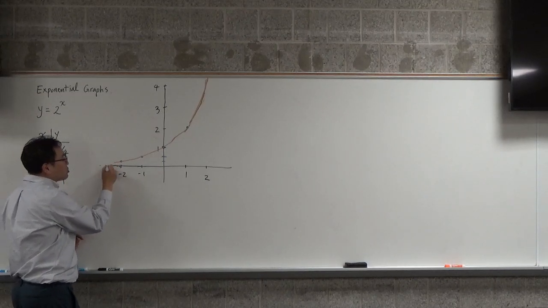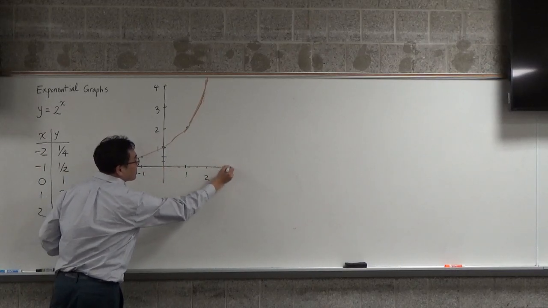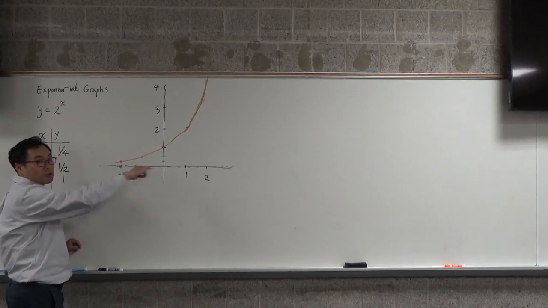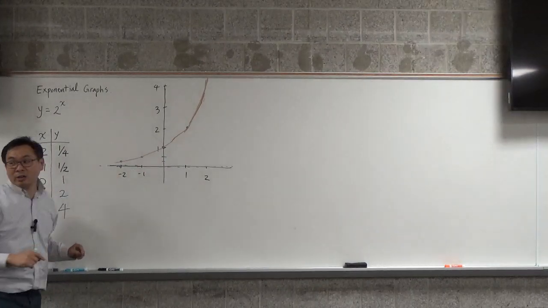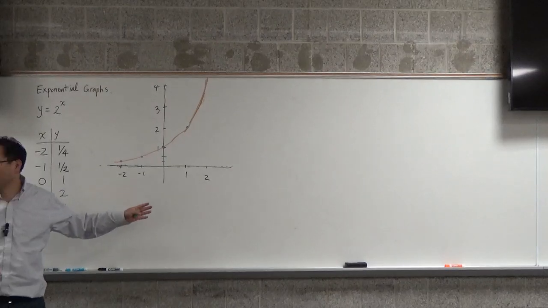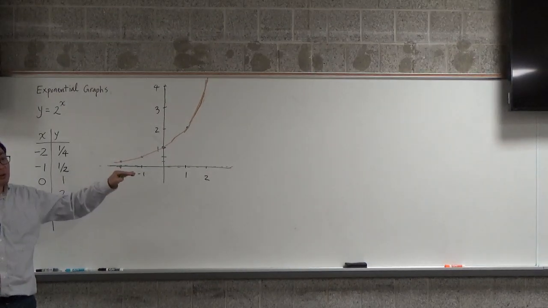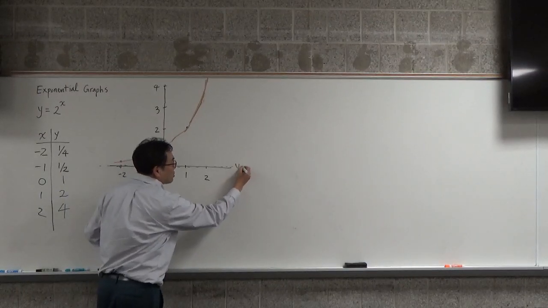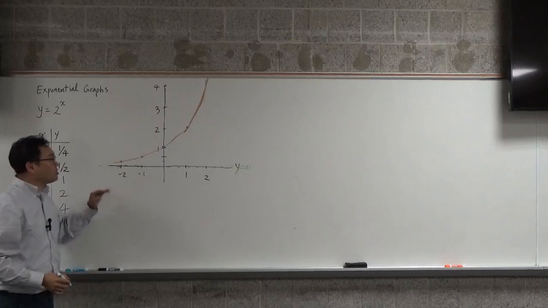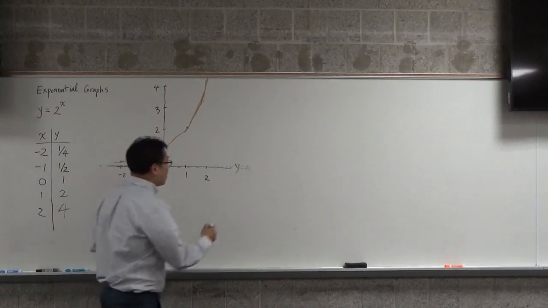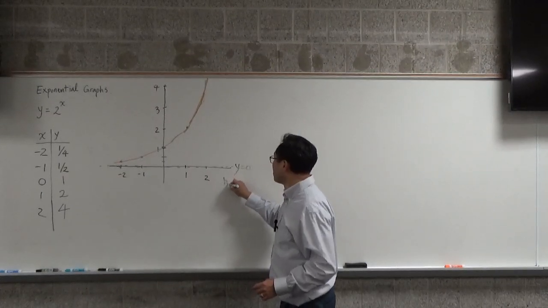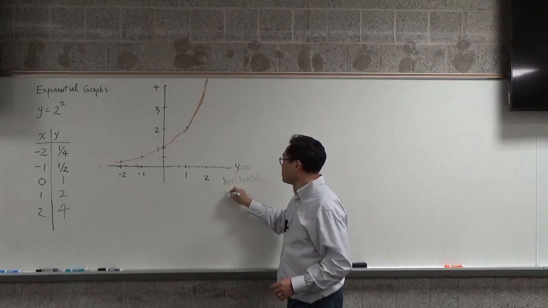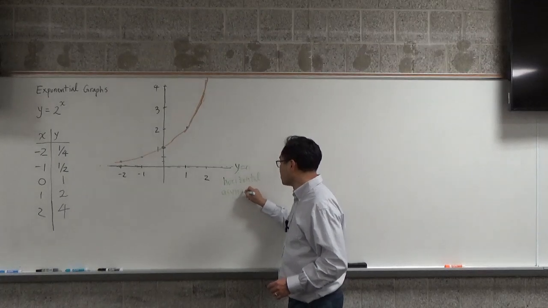So if you draw this horizontal line on the x-axis, what's the equation of a horizontal line? No, x equals a number gives you a vertical line, right? So if you have y equals a number, that gives you a horizontal line, and this one specifically is y equals 0. So y equals 0 is what we call a horizontal asymptote.